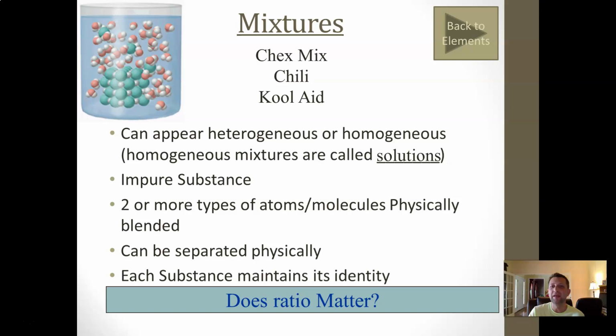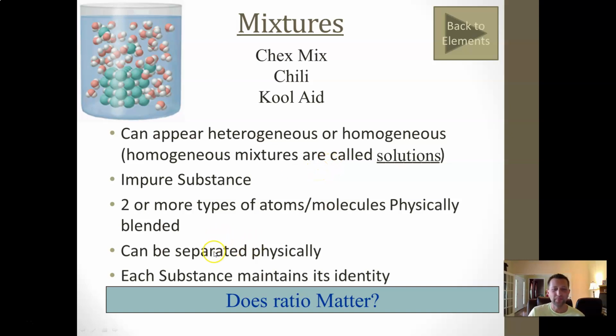It's not like the pretzels taste differently and turn into something else like it would with a compound. Whatever properties it had before, it will have those again. It will retain those, maintain those once the mixture is created.